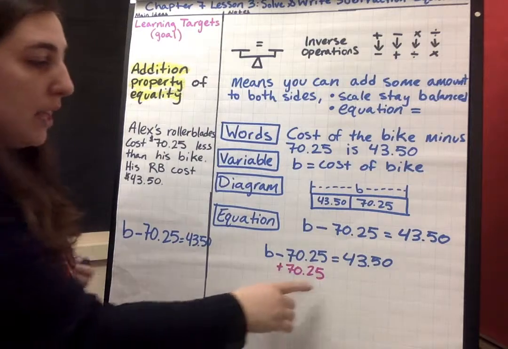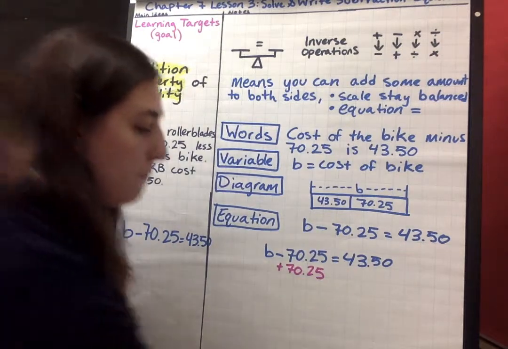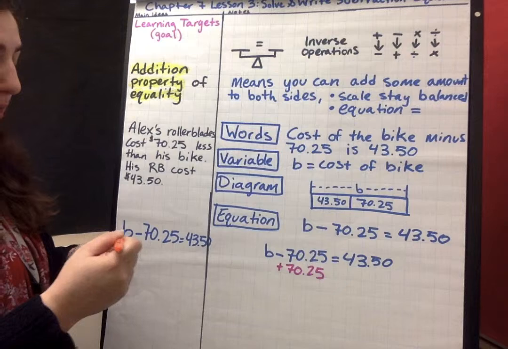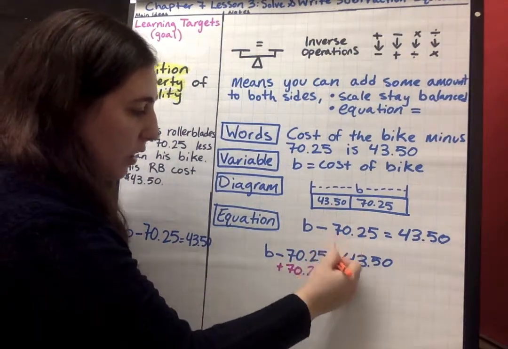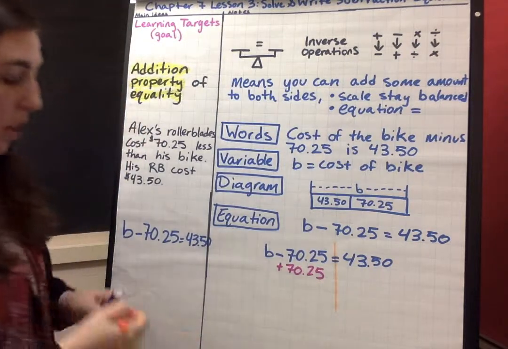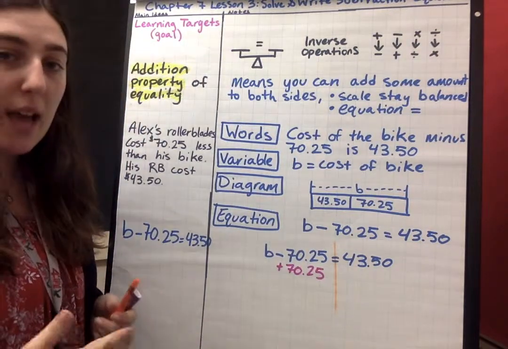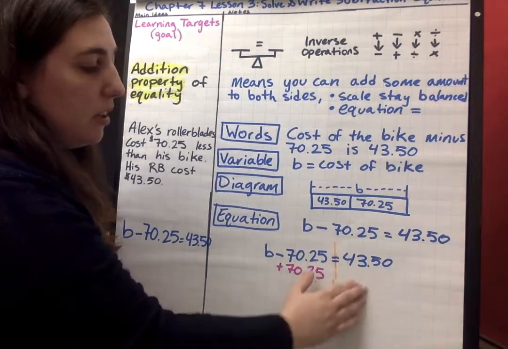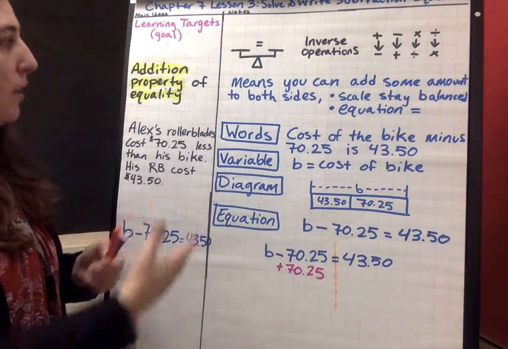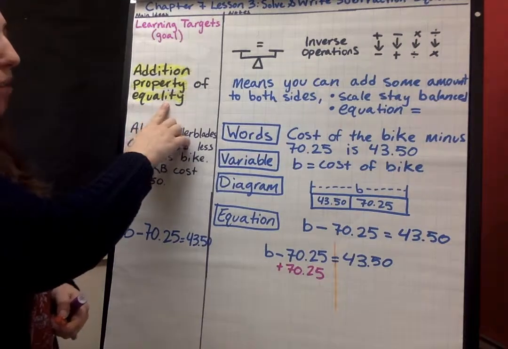So I'm going to do the same thing on this side. And remember, yesterday I was telling you guys, I like to put a line down the middle here. You can do this or you can choose not to, but that line reminds me that whatever I do to this side, I have to do to this side. Okay, that reminds me of the addition property of equality.